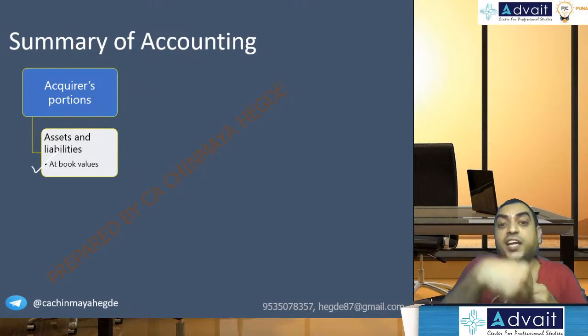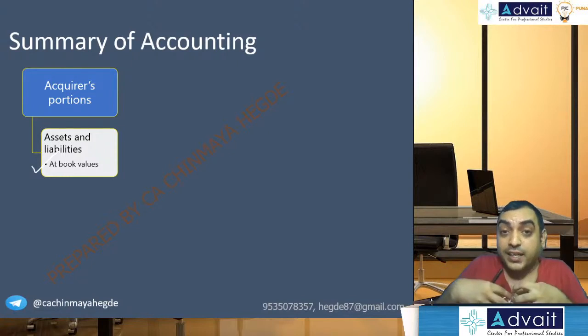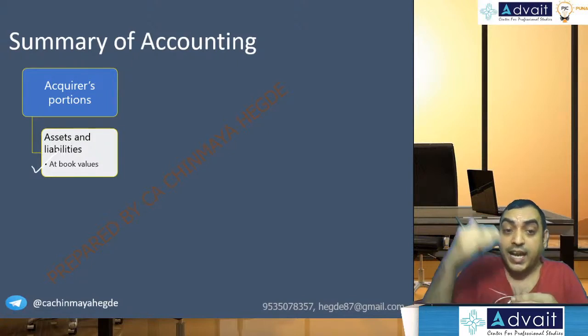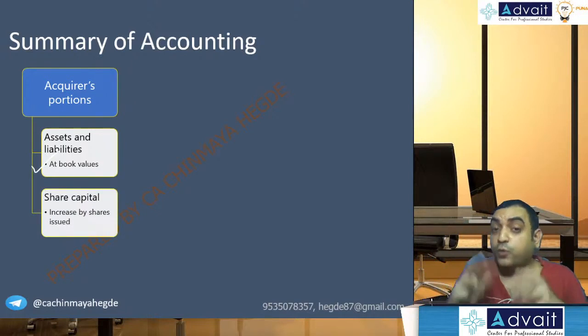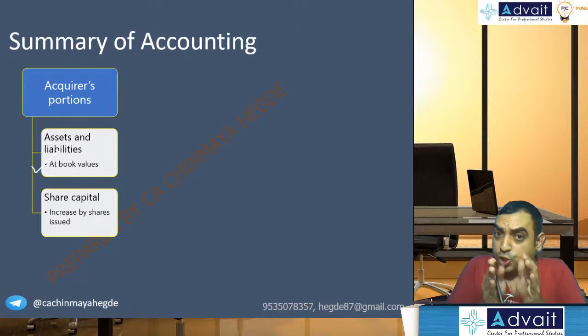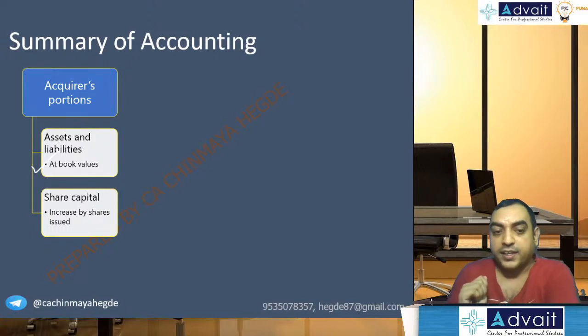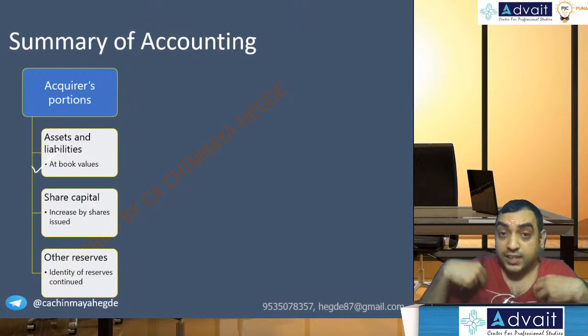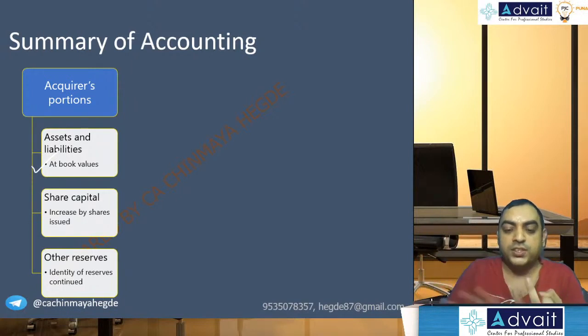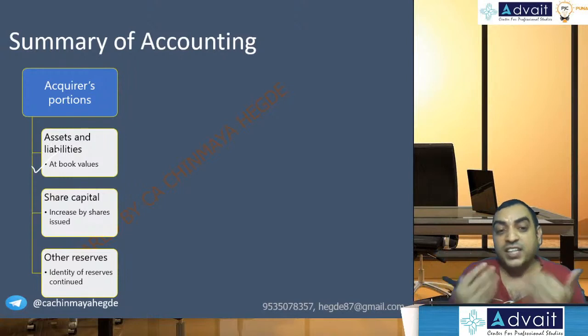B Limited will be taken over at fair value. But for A Limited, the acquirer, the assets and liabilities will continue at book values. Share capital of the acquirer will increase, because you issue shares. What about other reserves? The acquirer's other reserves will continue: reserves and surplus, OCI, P&L account, general reserve, everything will continue.